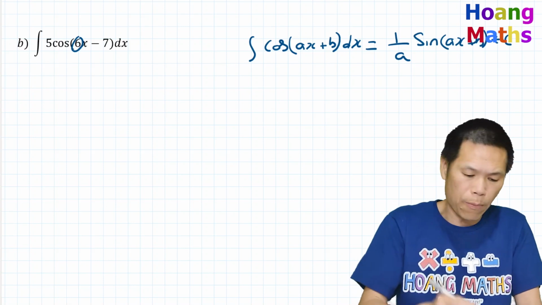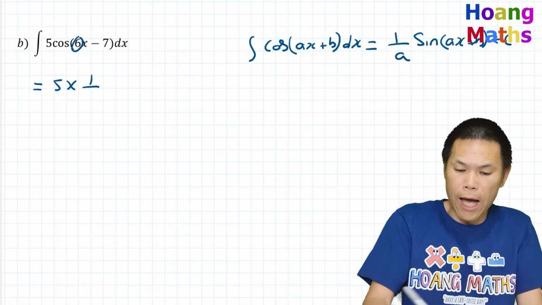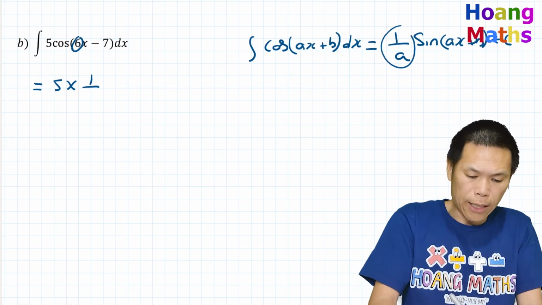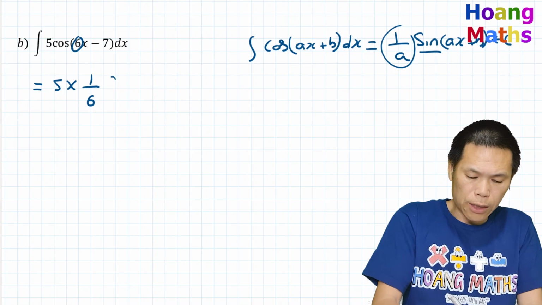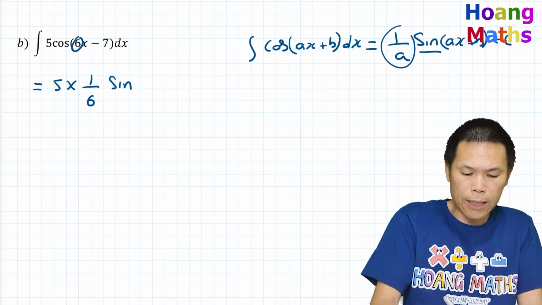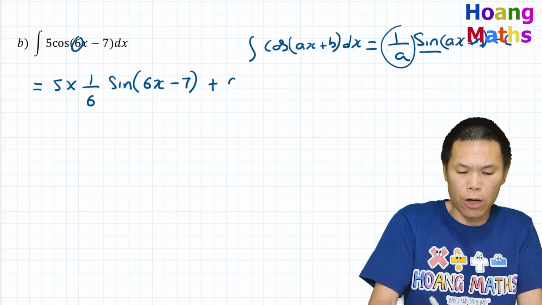So we just write this down. So that becomes 5 times 1 over a, where a is 6. And then we go sine. So this is sine of ax plus b. So ax, which is 6x, plus b, which is minus 7. And don't forget, we add a constant.